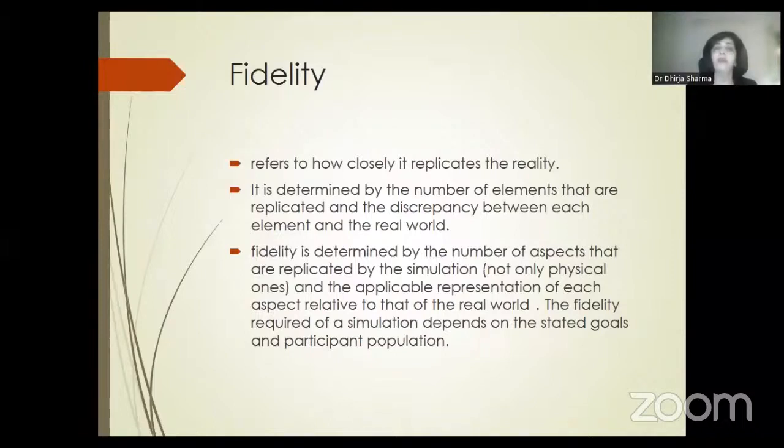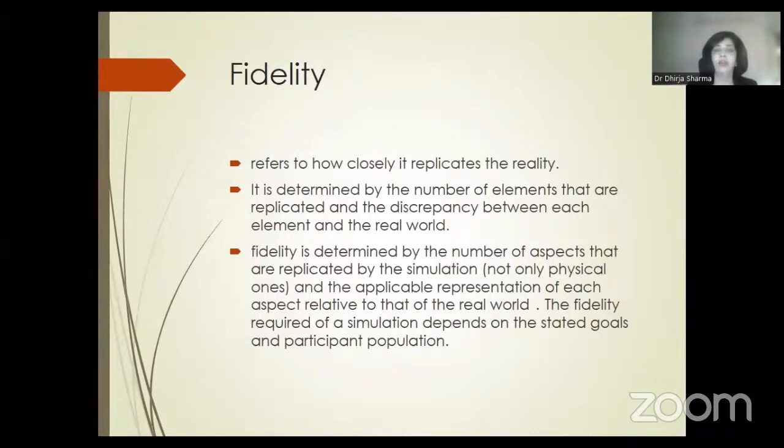For example, in the previous picture, we saw that the man was sitting on a simulator which had obviously a clutch, an accelerator, a steering wheel, and a gearbox. But the applicable representation of each aspect relative to the end of real world determines the fidelity.